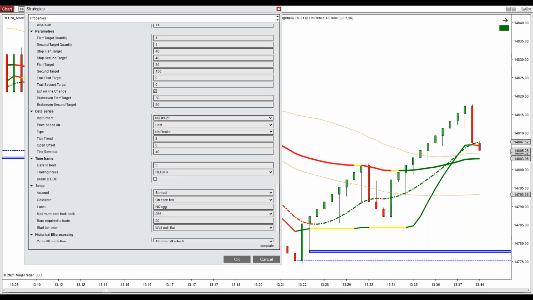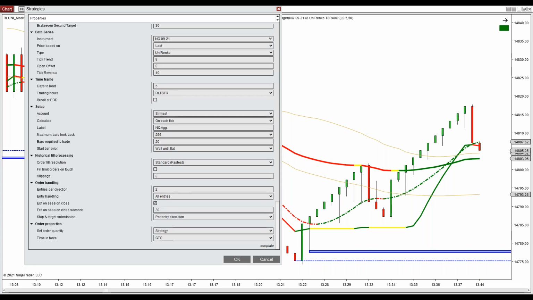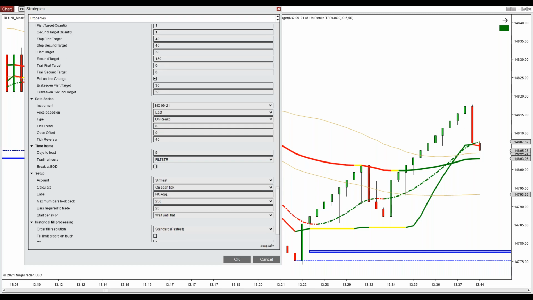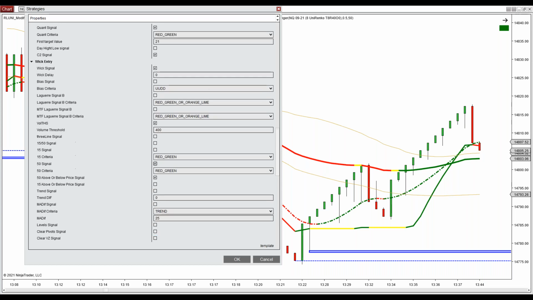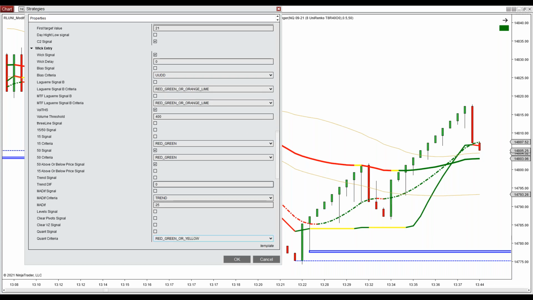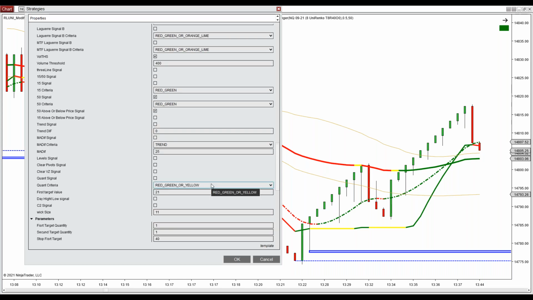Now, even if you dial something in, I don't think it's going to matter, but I wouldn't do it. Under the wick entry right here, it doesn't look at the Laguerres. It's just not programmed for it. It doesn't look at the oscillators. It's not programmed for it. So a lot of these inputs are just irrelevant.